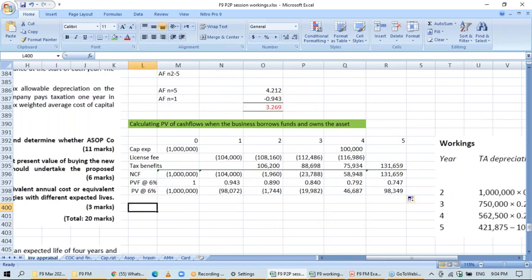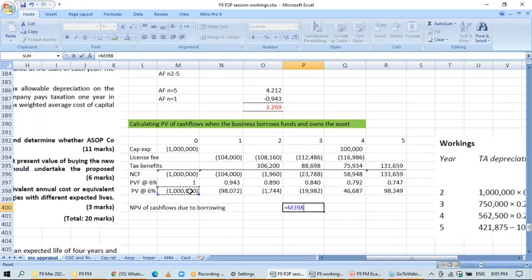Add all these present values. This will give you the net present value of cash flows due to borrowing. So this makes 974,762. Now compare both of these.